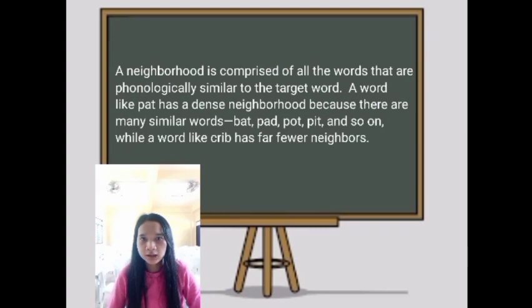A word like pat has a dense neighborhood because there are many similar words: bat, pad, pit, and so on, while a word like crib has far fewer neighbors. Words with larger neighborhoods take longer to retrieve than words from smaller ones because more phonological information is required to single out a word in a denser neighborhood.